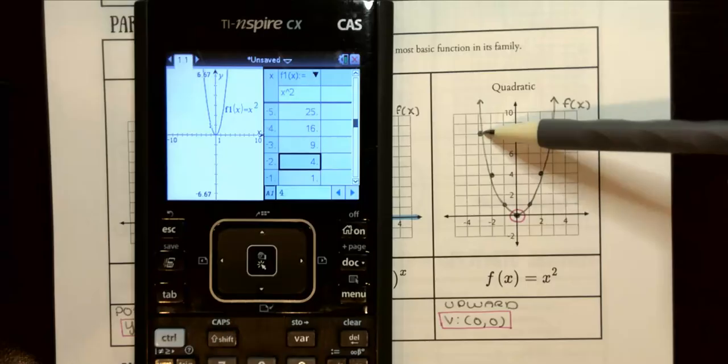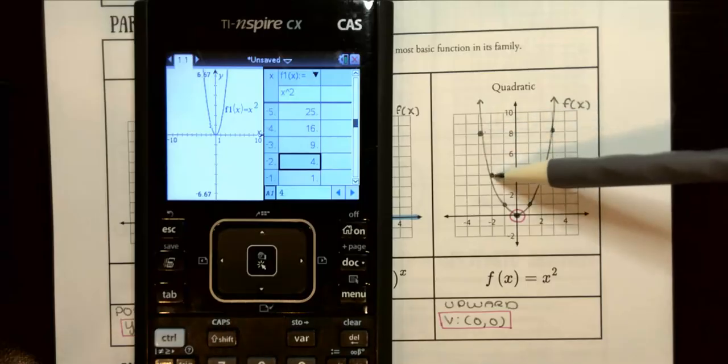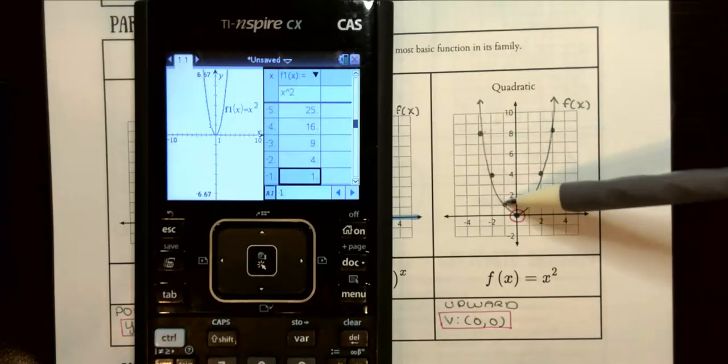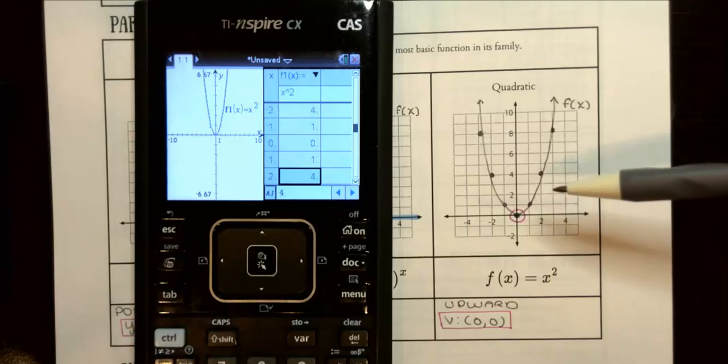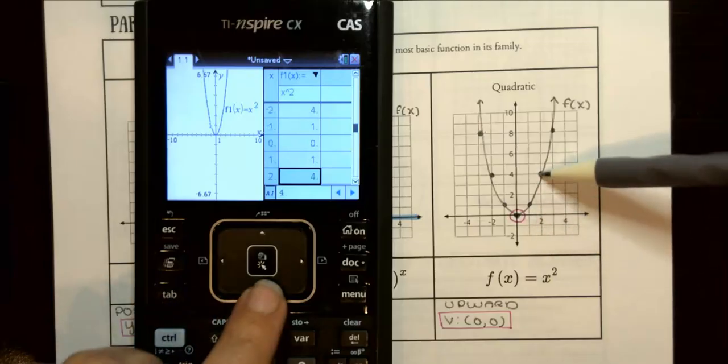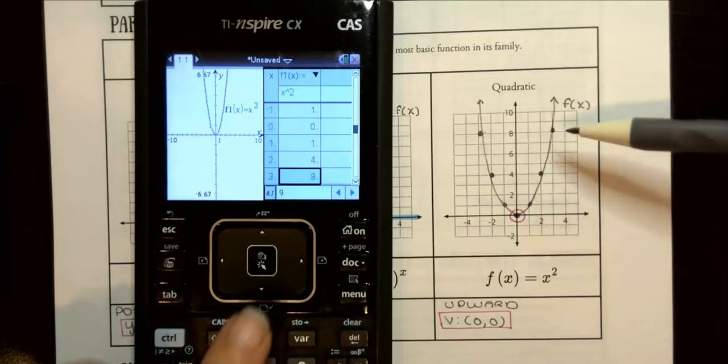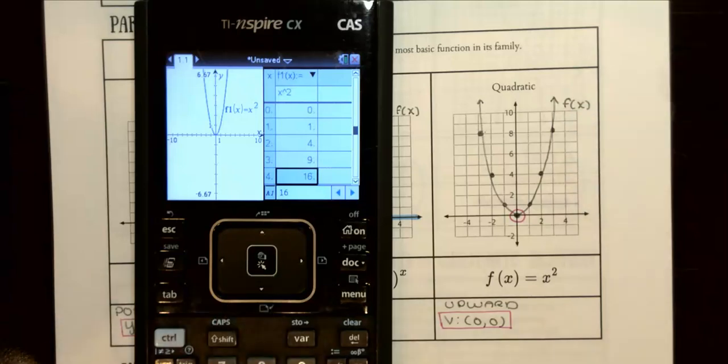And then if I continue, -2, 4; -1, 1; 0, 0. I'm going to keep on going: 1, 1; 2, 4; and 3, 9. Once I go past the 3, I'm going to go into numbers that I can't graph. So that's just a quick reminder on how to use your calculator to generate these graphs or generate a table so you can create your own graph.